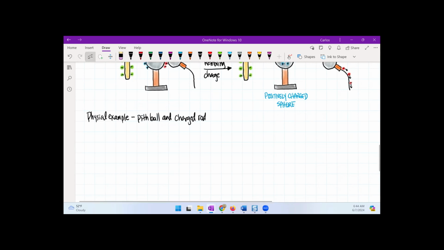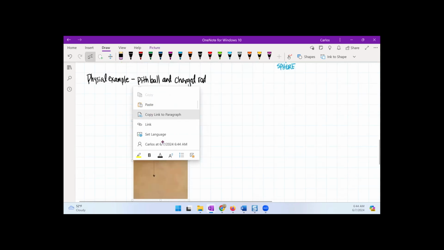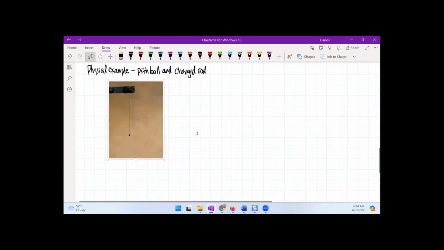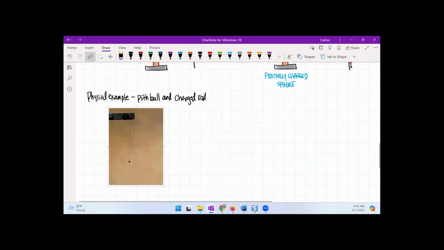So the first thing I have is a string hanging here with a tiny conducting sphere. What you're seeing here is a conducting sphere, and it's important that it's neutral.